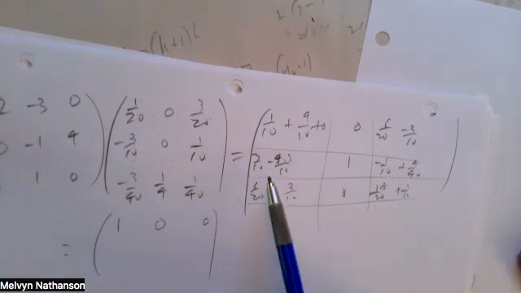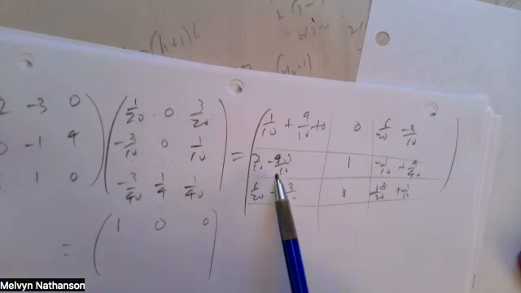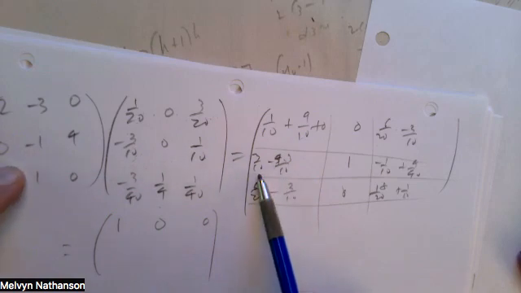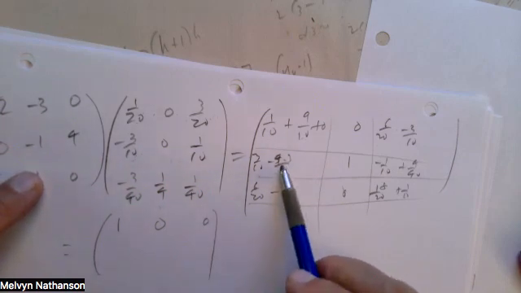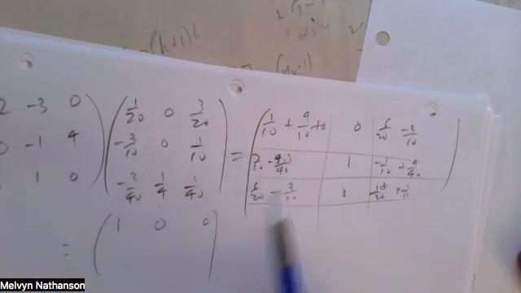What was this? Second row, first column. 3/10 minus 3 times minus 4 times 3/40. That's 3/10 minus 3/10 is 0. 1. 1/10 minus 1/10 is 0. 0, 0. 9/10 plus 1/10 is 1.